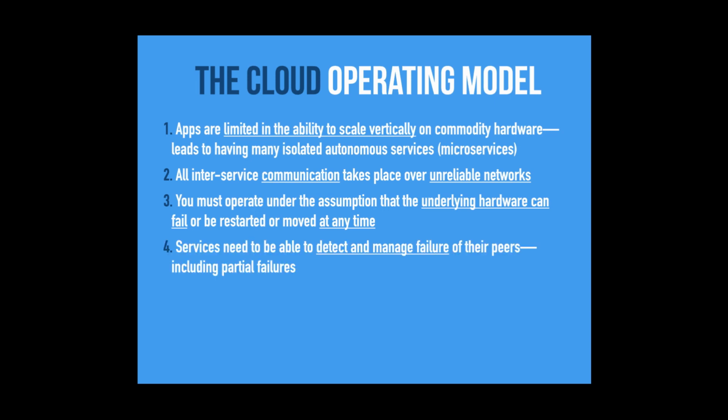It's also important that services are built to understand failure and to detect and manage failures in their peers, meaning the others they communicate with. And this includes partial failures or gray failures. That's actually one of the hardest things in distributed systems, where not everything fails completely, but sort of a little bit.